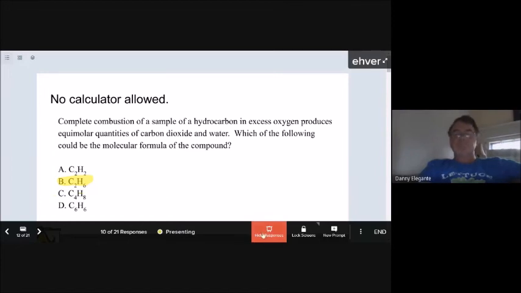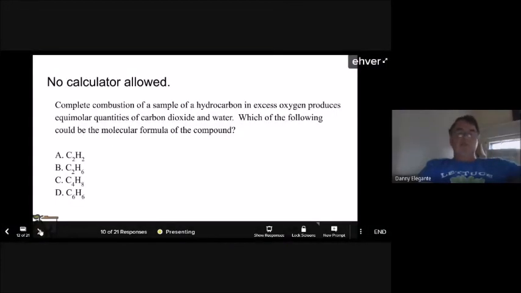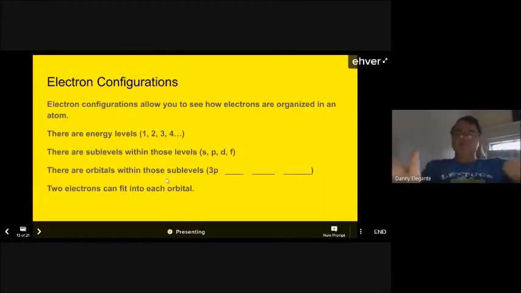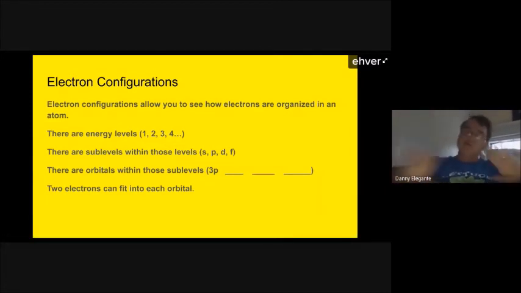All right. So let's keep going. This is just a reminder about electron configurations. Now, some of y'all may have just started school and you haven't really quite gotten into electron configurations, but I'm guessing all of y'all did it in chemistry class. So if you did, this is something that you might be shaky on, and that's totally okay.